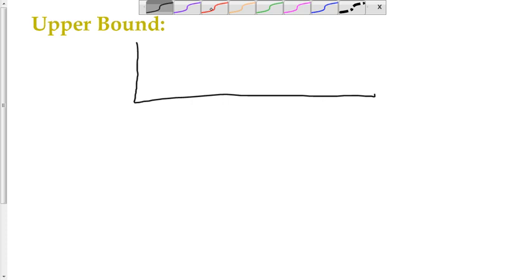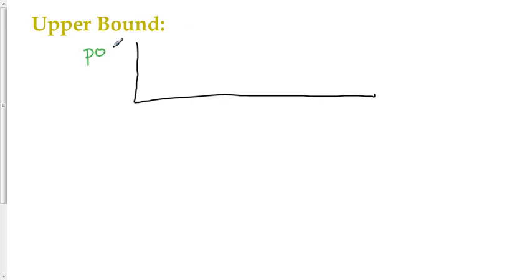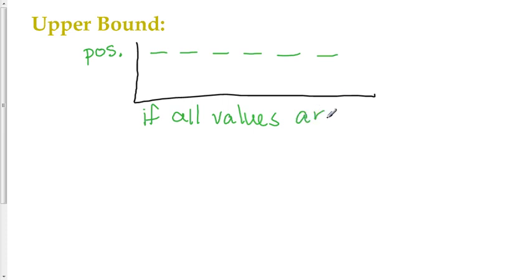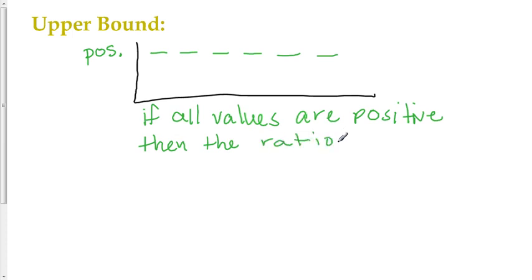And the upper bound rule states that if you have a positive number out here and you have your things on the inside, and when you go through this process of adding down and multiplying, if all values in this row are positive, then the rational number that you just tried to divide by is an upper bound.